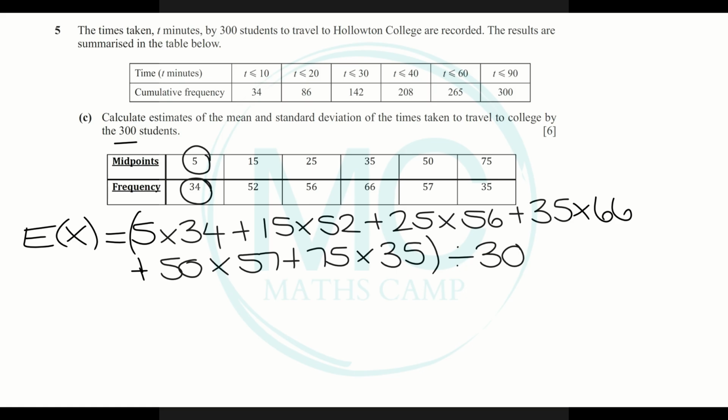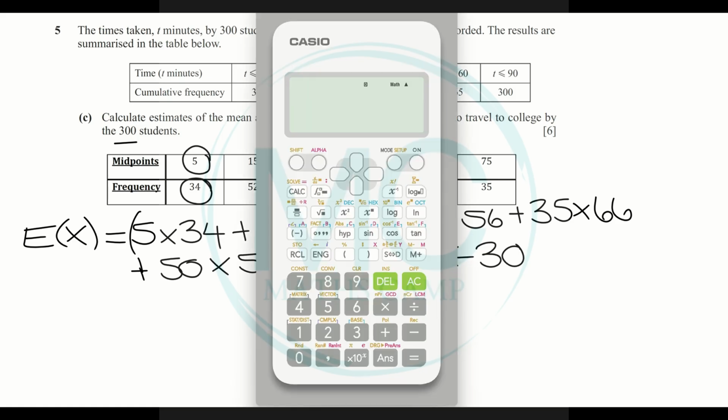So now I'm going to take my calculator and I can say 5 multiplied by 34 plus 15 multiplied by 52 plus 25 multiplied by 56 plus 35 multiplied by 66 plus 50 multiplied by 57 plus 75 multiplied by 35.